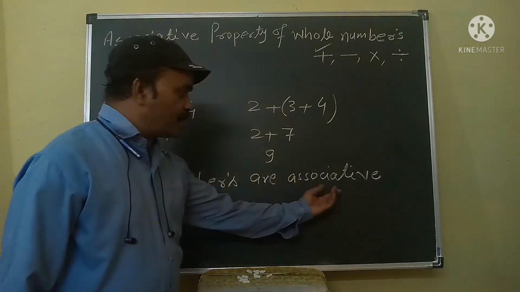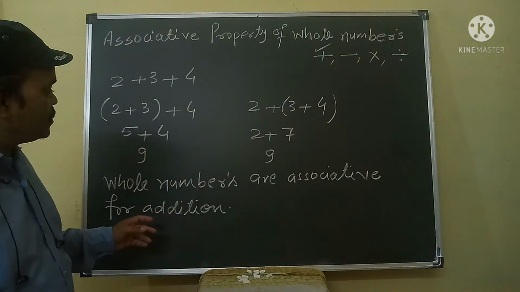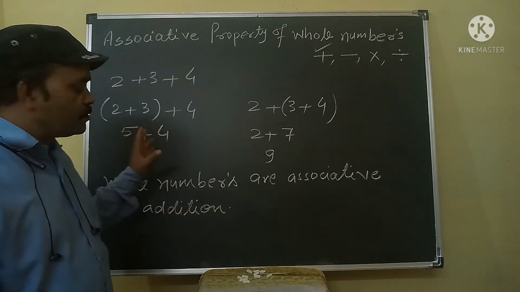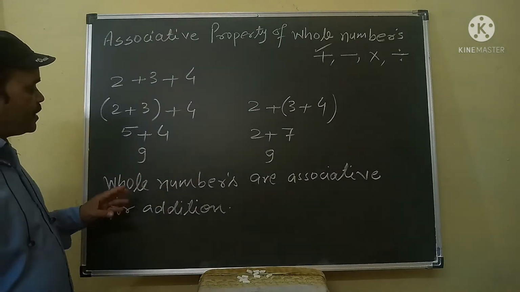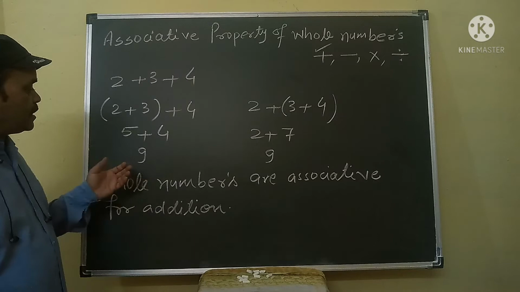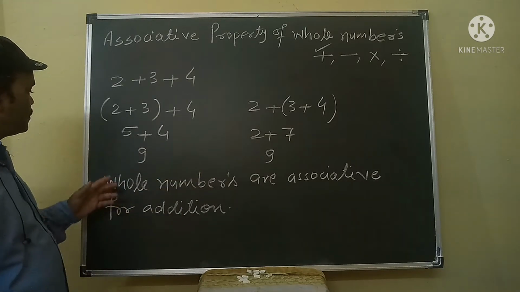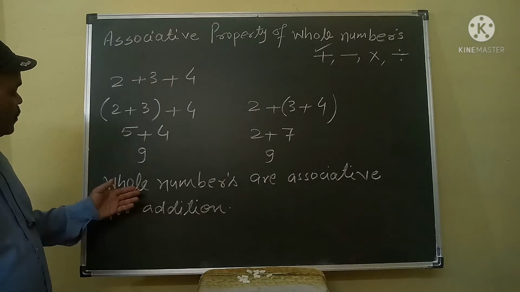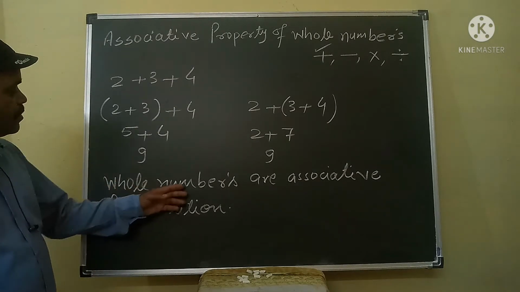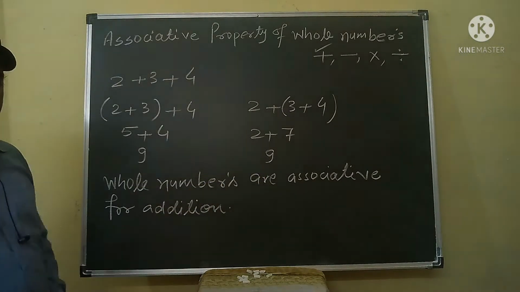What is the meaning of associative? Associative means if you regroup the numbers, in that condition the result will not change. So what did you get? Whole numbers are associative for addition.